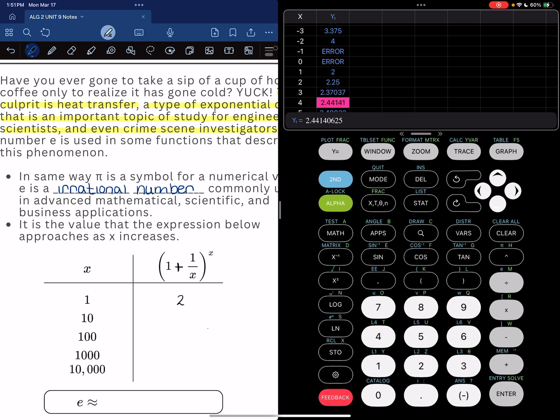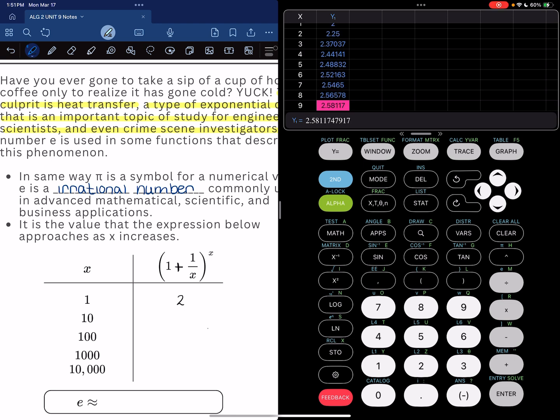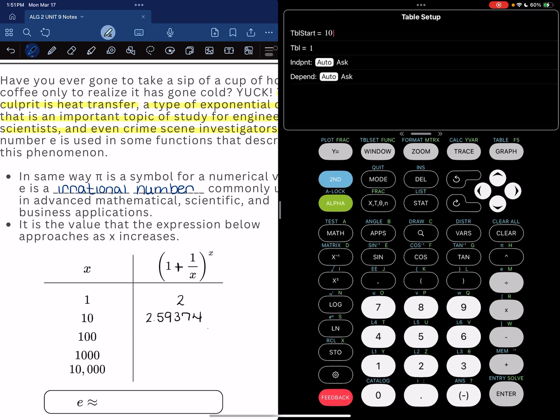Now let's scroll down to 10. At 10, it's approximately 2.59374, and it does keep going, but that's just the approximation. If we were to scroll all the way down to 100, which I can actually do much quicker by just going right here to table set, and instead of doing independent, I'm going to select ask.